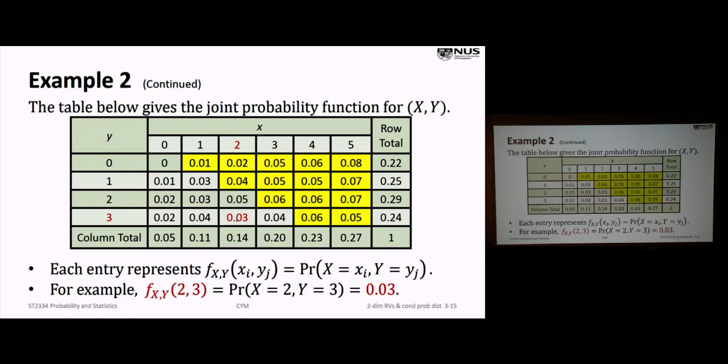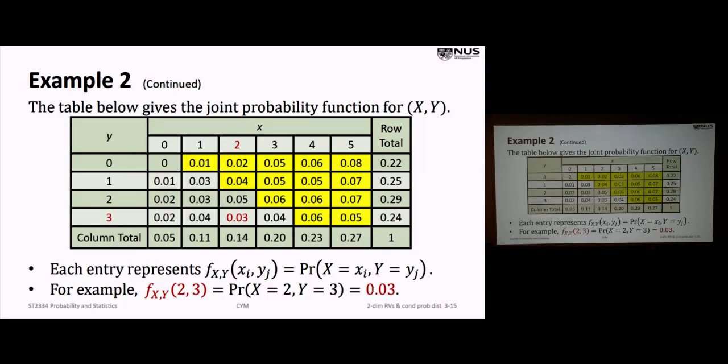It's an example, constructed in some way unbeknownst to us. Each entry represents the probability that X takes the value x_i and Y takes the value y_j, for i in the set 1, 2, 3, 4, 5, and j in the set 1, 2, 3. So that's the probability mass function.